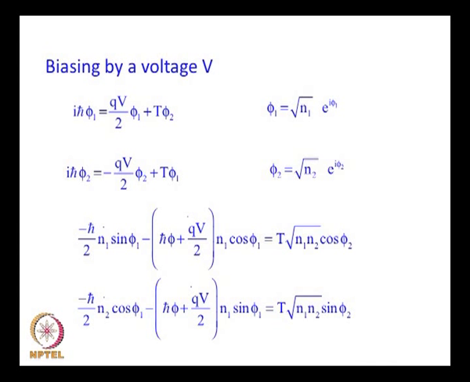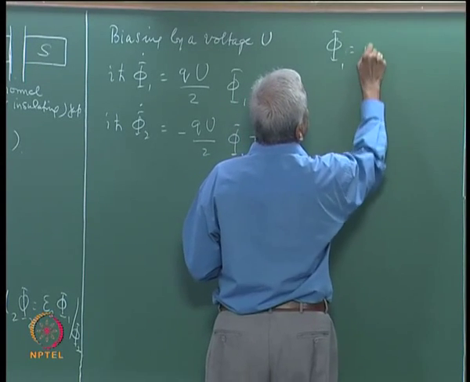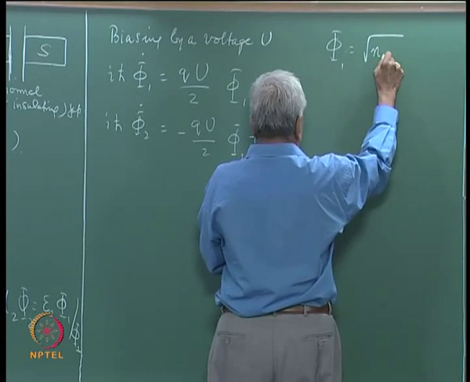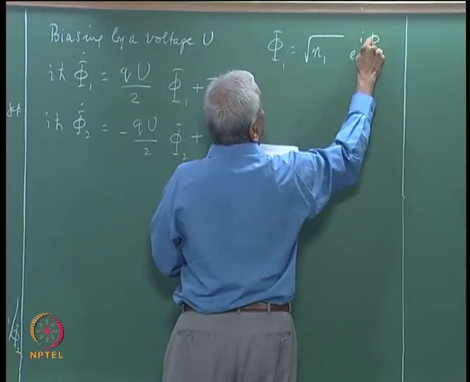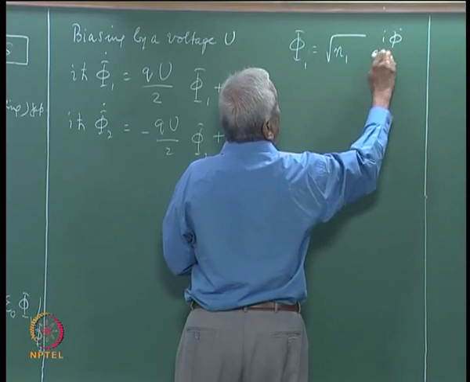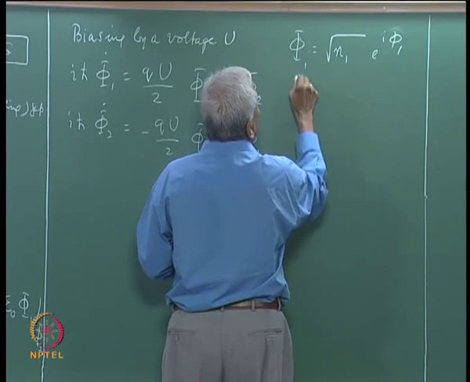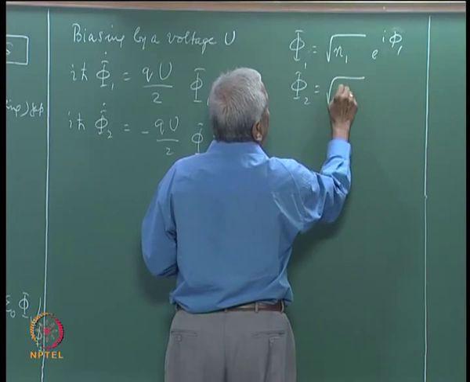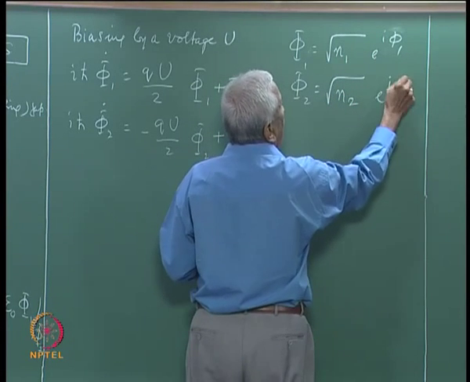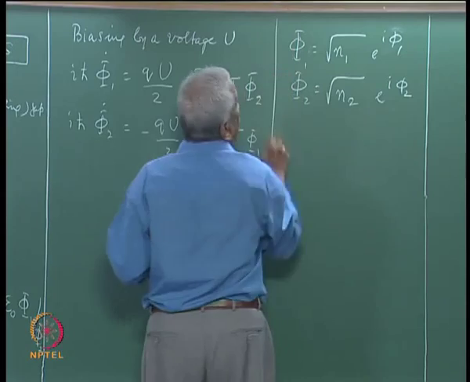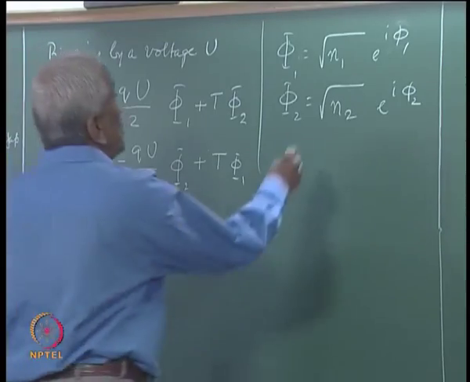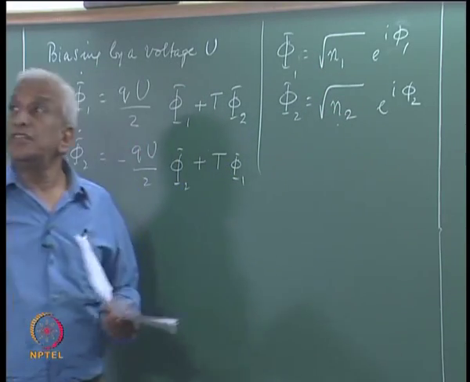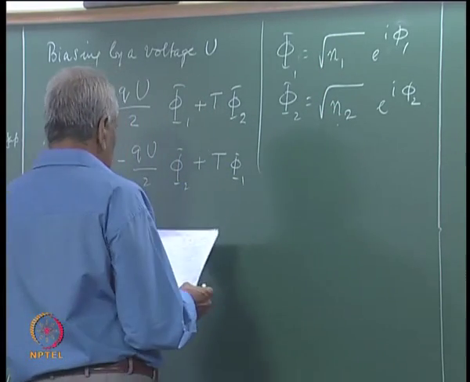Where phi 1 and phi 2 are of the form. Now these phi 1 and phi 2 are the quantum mechanical phases, and N1 and N2 are the densities of the Cooper pairs in the two superconductors.